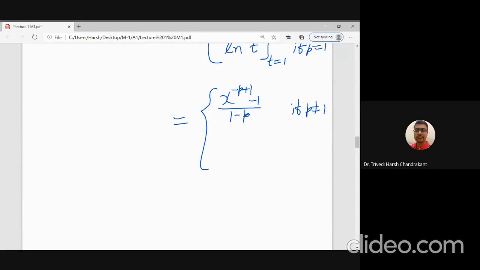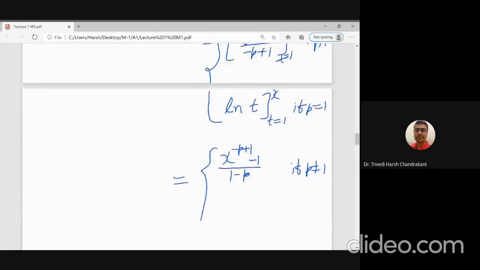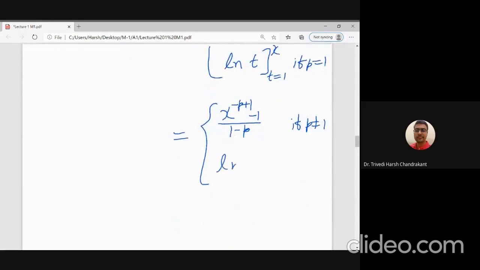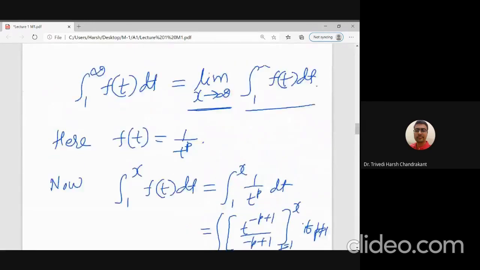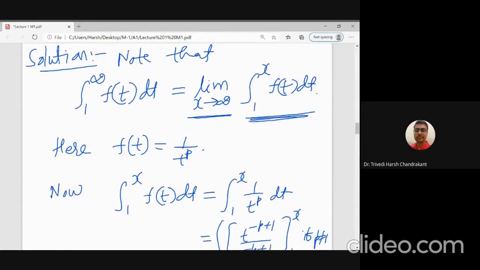And on the other hand, we will get log x, the natural logarithm of x. So this is what we have found for this particular integral. But now we have to find the limit of this to get the improper integral, right?